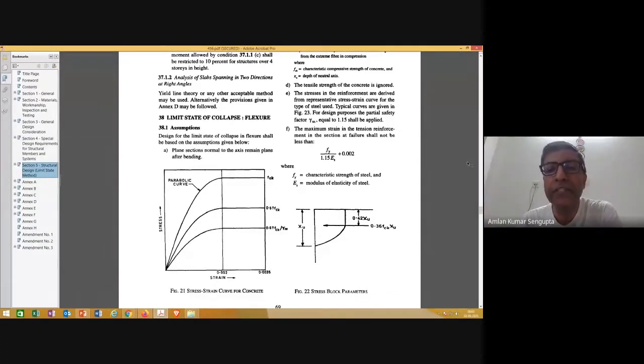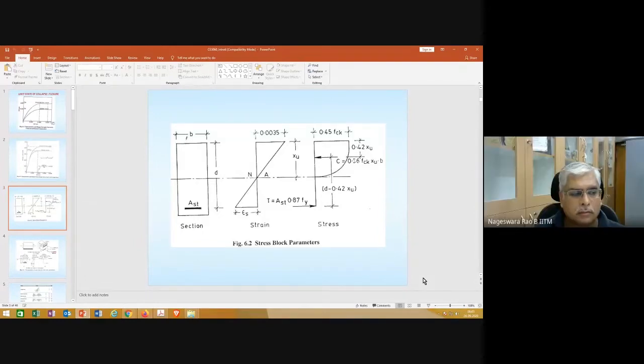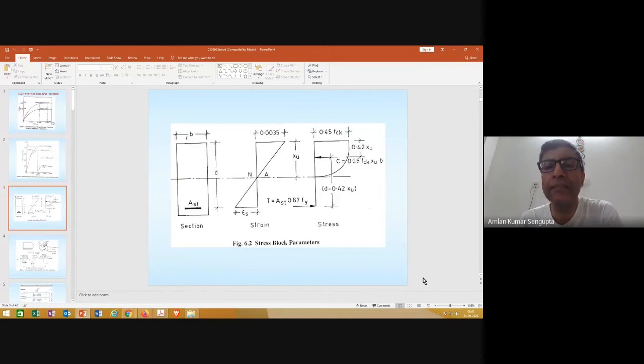In the analysis, first we are drawing the strain diagram, and from that we are plotting the stress across the depth. Whatever stress strain diagram we are idealizing, that is being mapped across the depth. And hence, this is the most important aspect of this analysis at ultimate state.